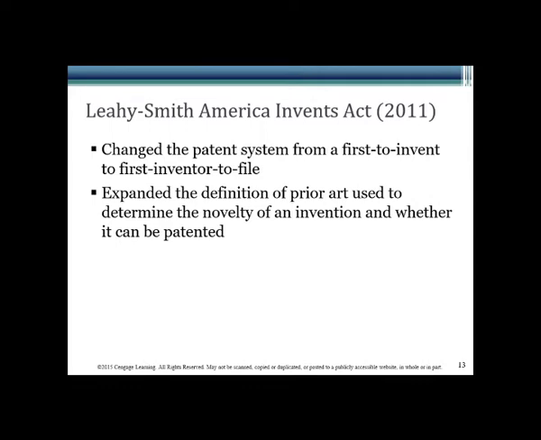The America Invents Act also expanded the definition of prior art used to determine the novelty of an invention and whether it can be patented. For example, if something resembling your invention were on sale anywhere in the world before you filed for a patent, that item is now considered part of the prior art and could prevent you from obtaining a patent.